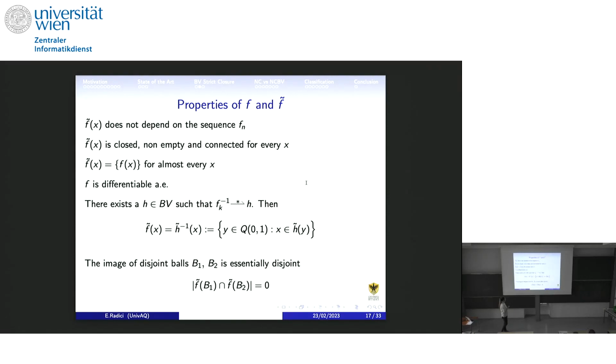Here comes the nice thing about non-interpenetrability: the images of two disjoint sets can at most collapse. So the image of disjoint things is essentially disjoint. They collapse on each other onto something of smaller dimension, but they cannot overlap, especially not on a set of positive measure. This works well for elasticity.